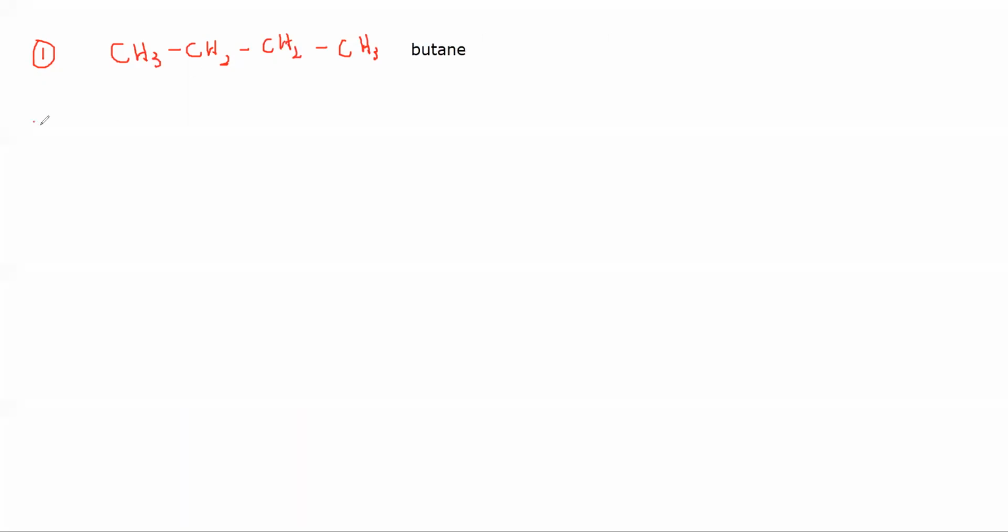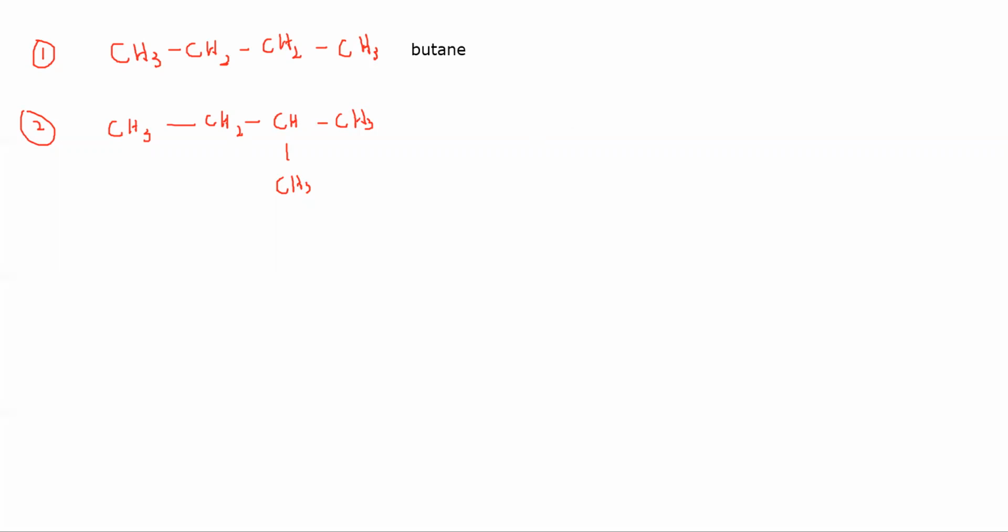If we have CH3, CH2, CH, and CH3, and there's a branch down. What is the name of this compound? No, we select the longest carbon chain.